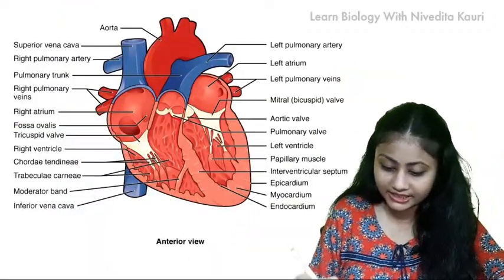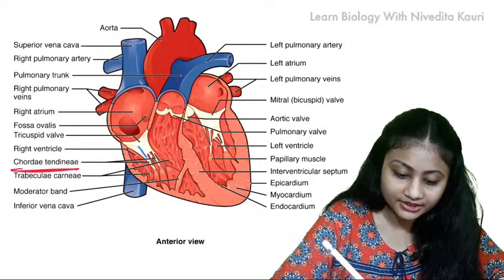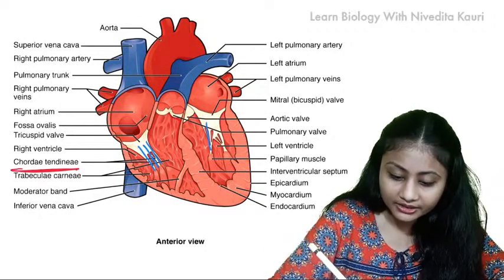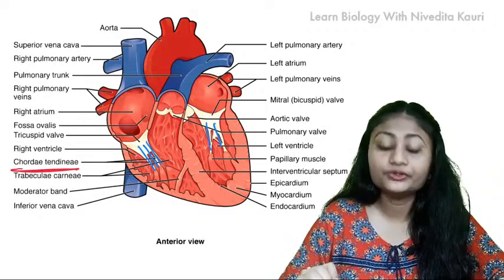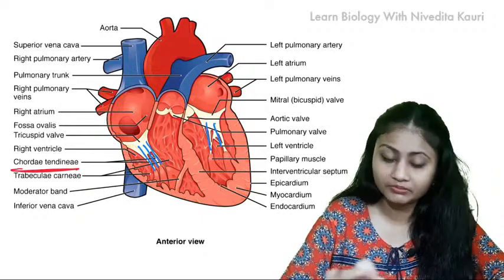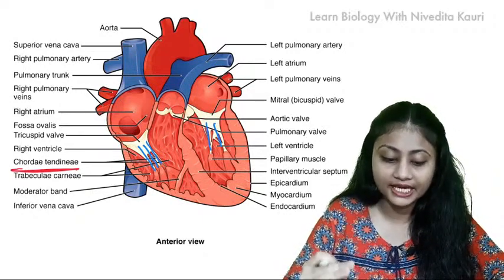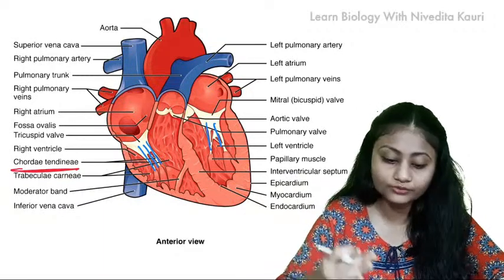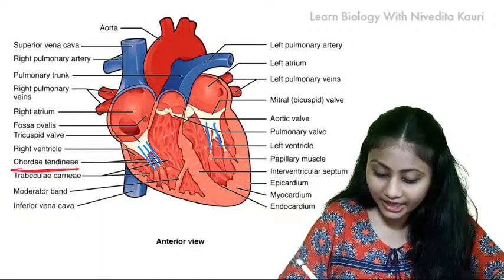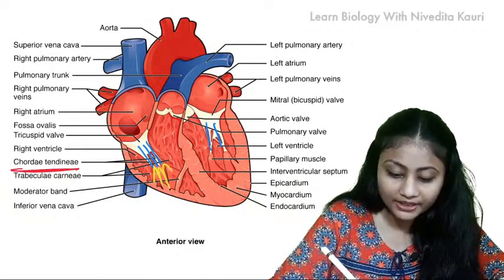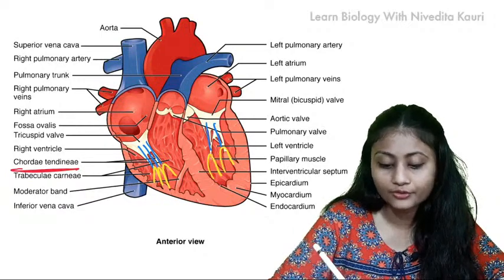The chordae tendineae, as you can see here, these are the chordae tendineae. They are attached with the ventricular surface of the valves, and the other end of chordae tendineae are attached with papillary muscle of ventricle.